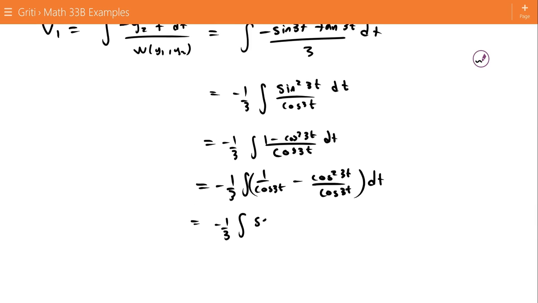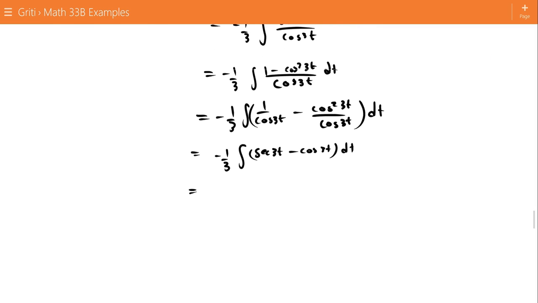It'll give us secant 3t minus cosine 3t. Integrating this, we get negative 1/9 ln absolute value of secant 3t plus tangent 3t, and plus 1/9 sine 3t.